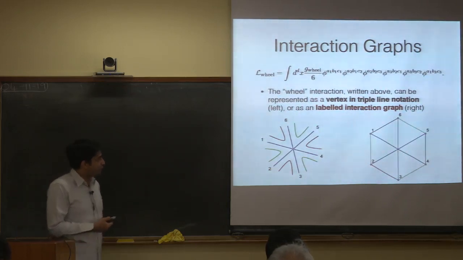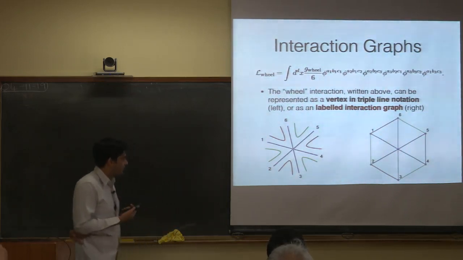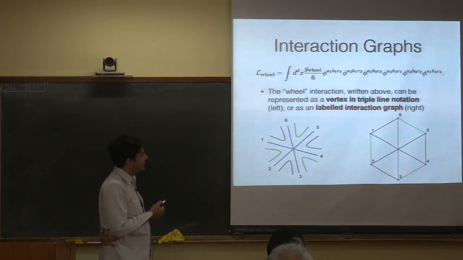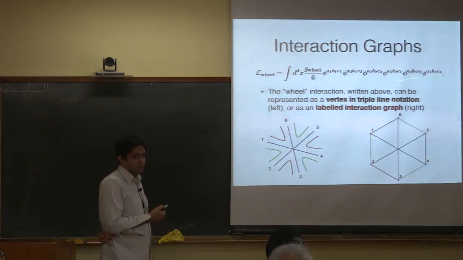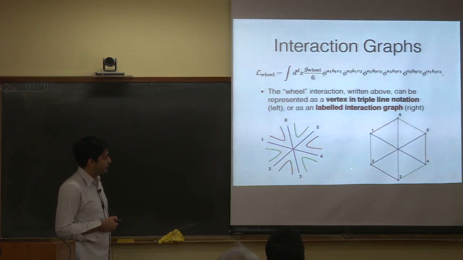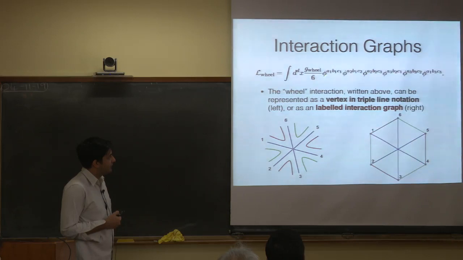Okay, and then when you have 3 indices, you can see what the different interactions are that you can write down. So you write the 6 fields in your Lagrangian, and then you can contract the various indices in different ways. One way of representing an interaction is to use this interaction graph. Here I'll introduce a label for each field; these are like field vertices. So 1 is the first, second, third, and fourth.